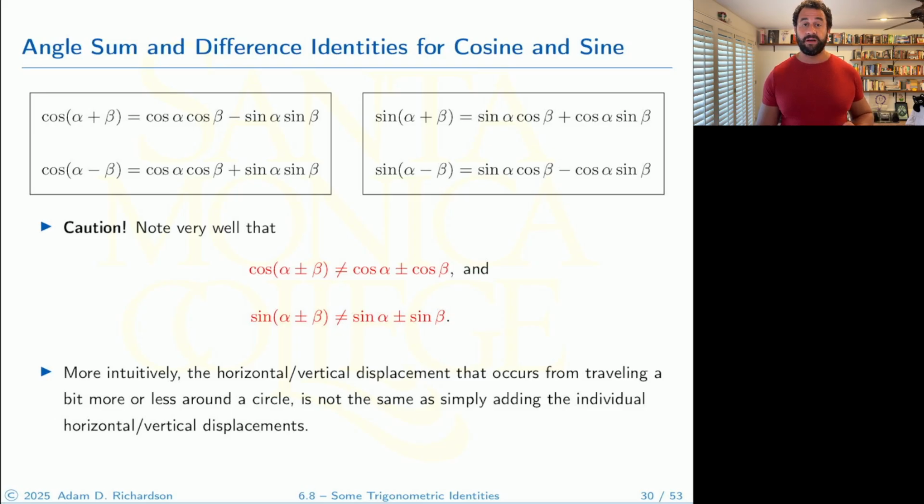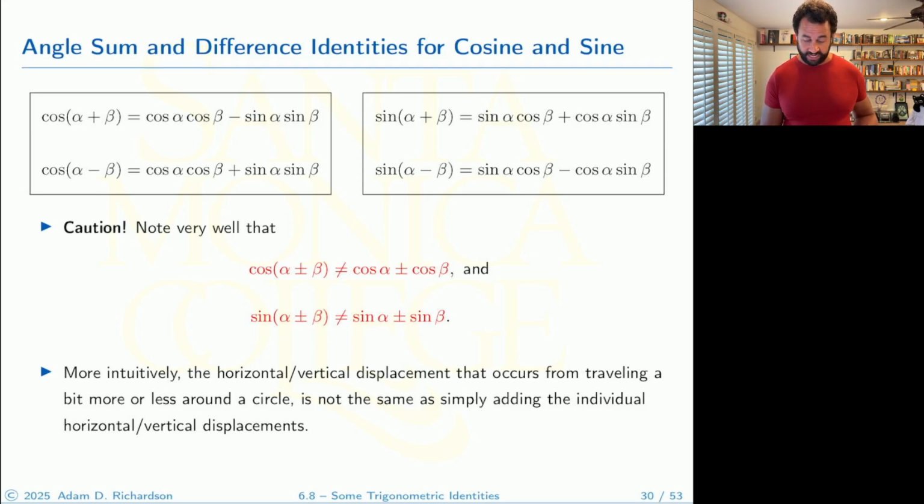Now I want to talk about an important cautionary note, because this is a common mistake that people will make. Note very, very well that the angle sum and difference formula is not just splitting the cosine over the sum or difference, right? Cosine of alpha plus beta is not equal to cosine alpha plus cosine beta. It's not just splitting the cosine up between those two angles. That's not how it works. It doesn't work algebraically, it doesn't work geometrically, it doesn't even work intuitively, okay?